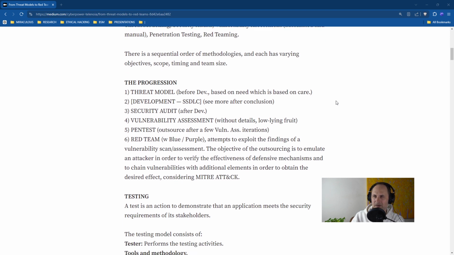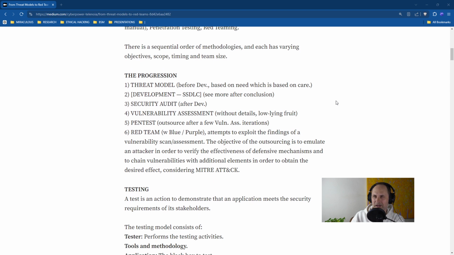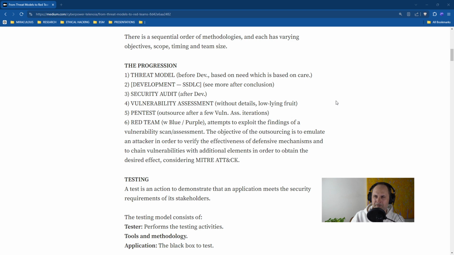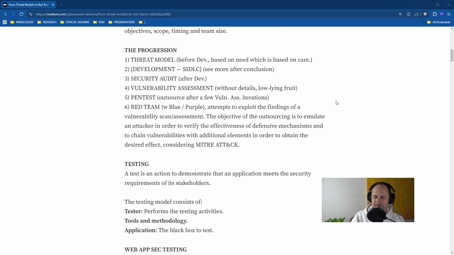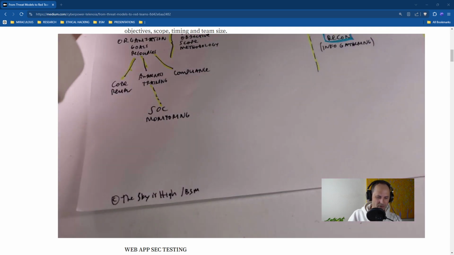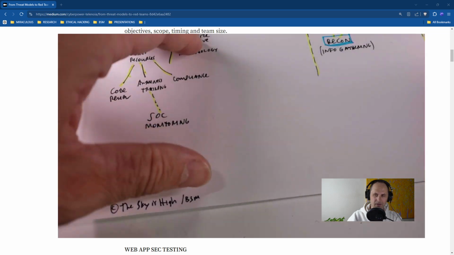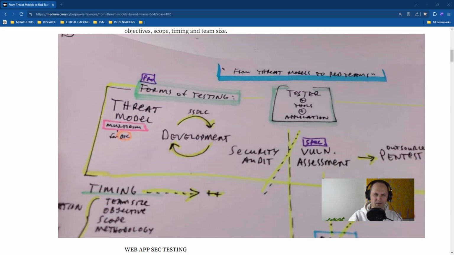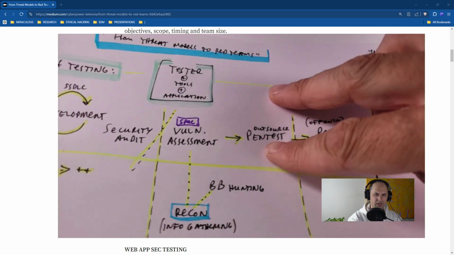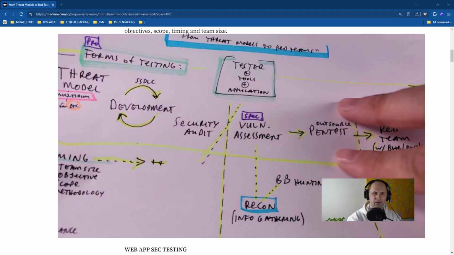Yeah, so that is the progression there. On the visual part of the podcast, I'm going to show this area here. This is the progression.